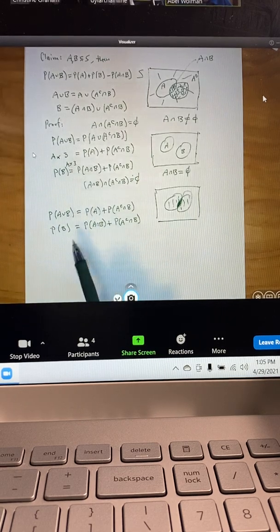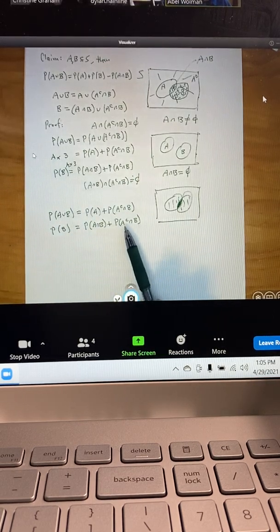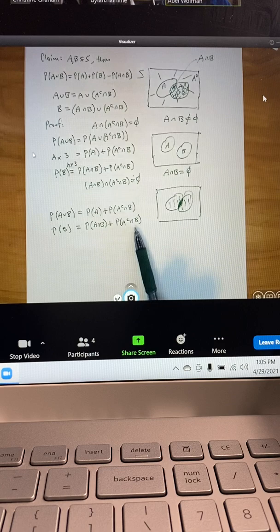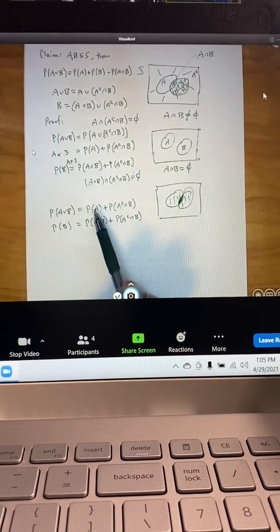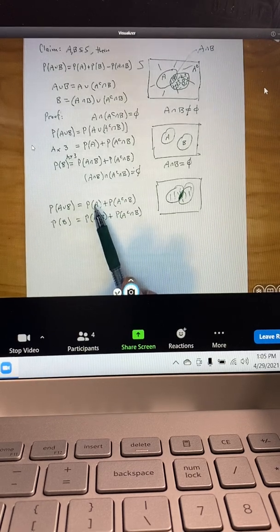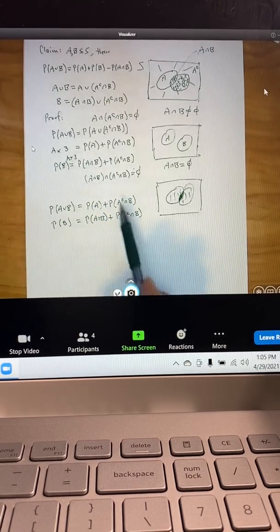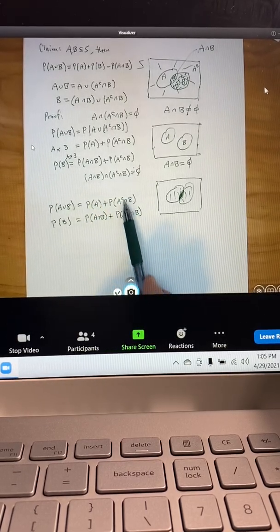So now these are just two equations, and they seem to have something in common, right? If we subtract this equation from this equation, we'll eliminate this term.